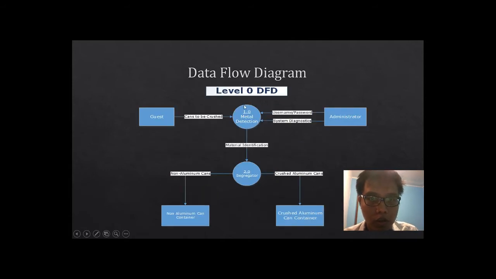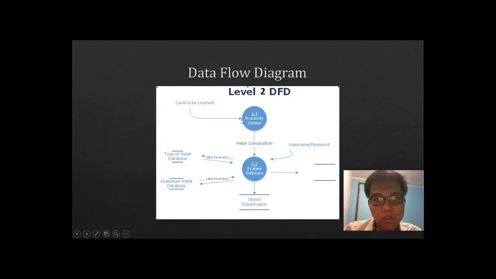So here's our level 1 DFD. There are two processes the can will be undergoing, the metal detection and the segregator. Under the metal detection, the proximity sensor will scan the can to determine if the input of the user is a plastic or aluminum can.